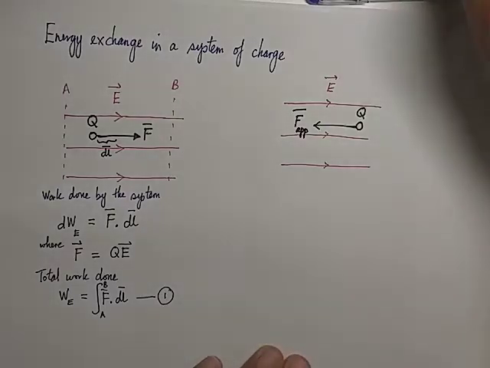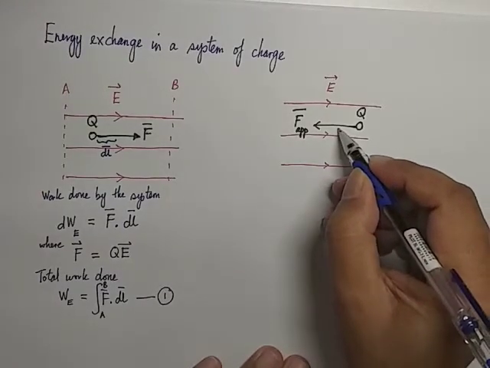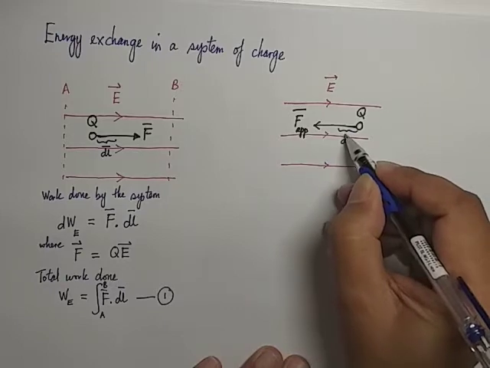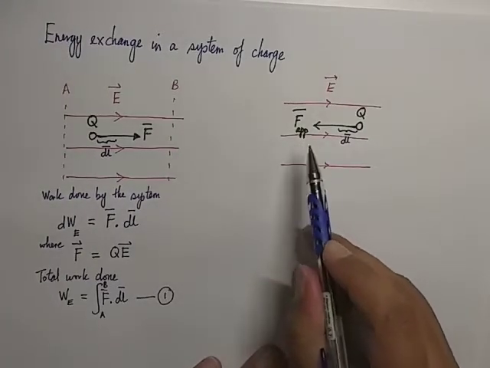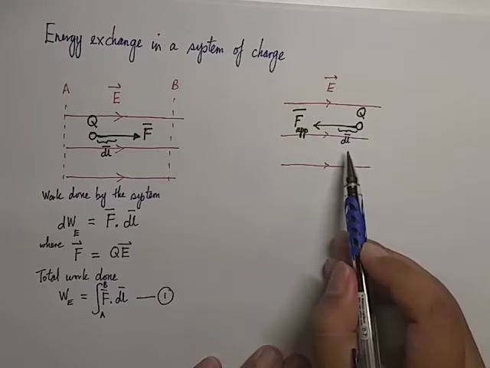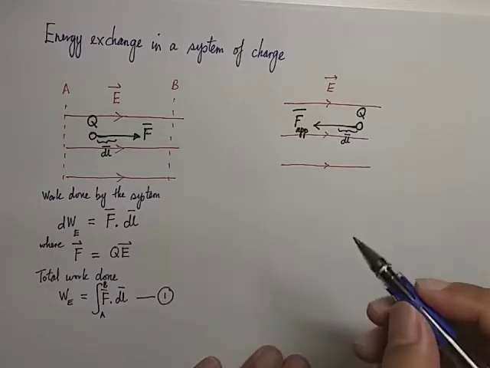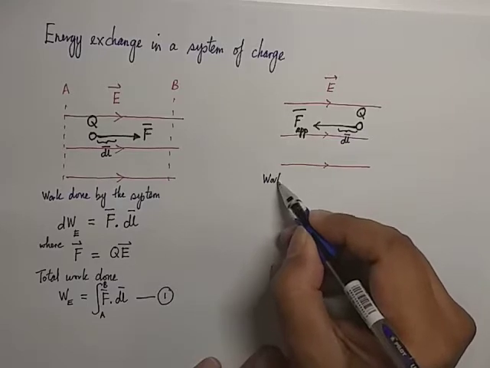And as you can see, when the charge moves, it's going to create a change of length. And we know that in physics, when you have force and length, we create an entity known as energy.